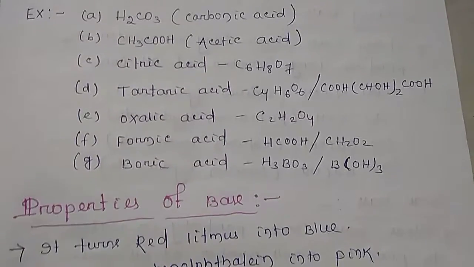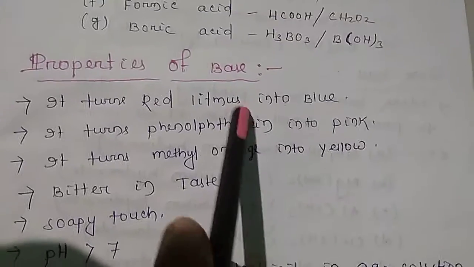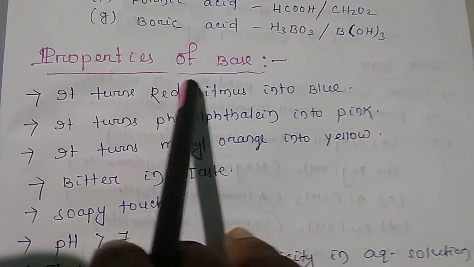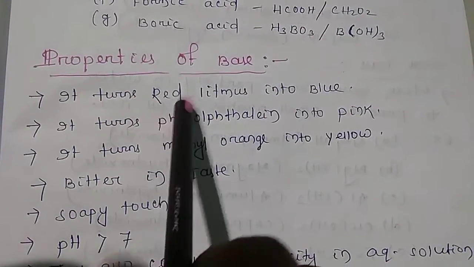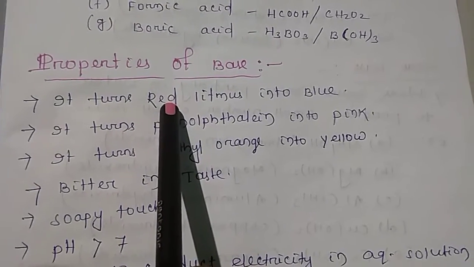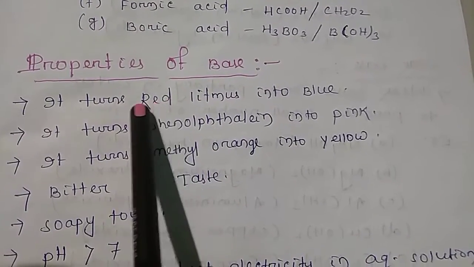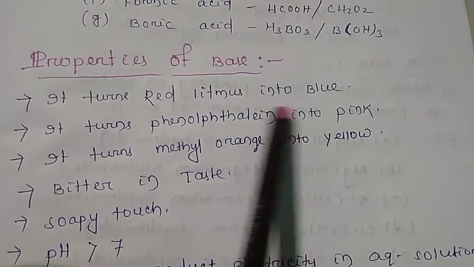Next comes the base, and we have to look at the properties of a base. Like acid, when a base comes in contact with red litmus paper, that red litmus paper turns blue.